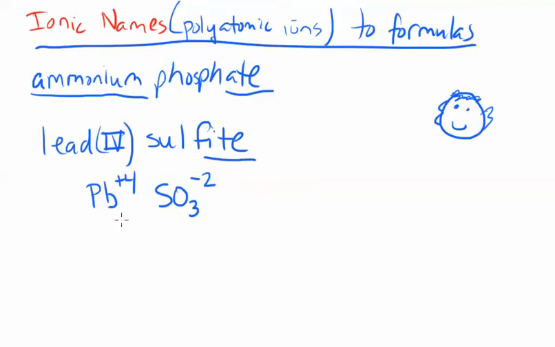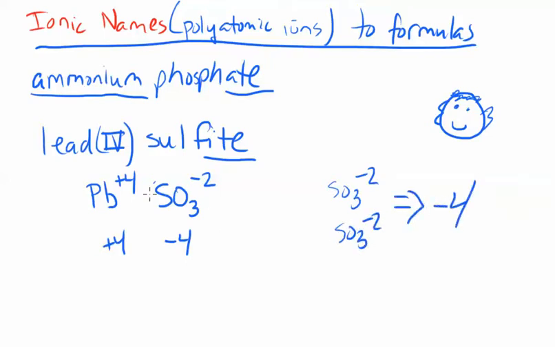So it's got to add up to 0. So lead is plus 4. So to cancel out the plus 4, we need a negative 4. So if each sulfite is negative 2, what times 2 will give us 4? Well, we need 2 sulfites. If we have 2 sulfites, that'll give us negative 4.